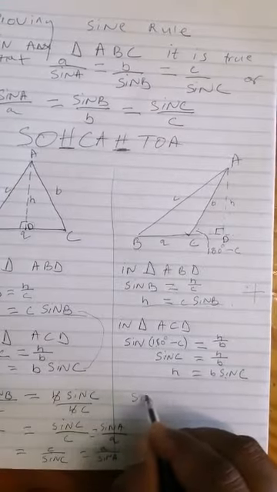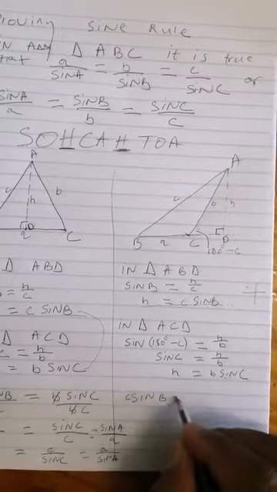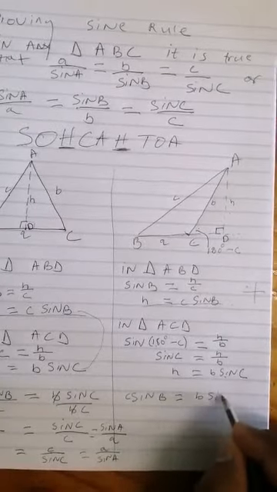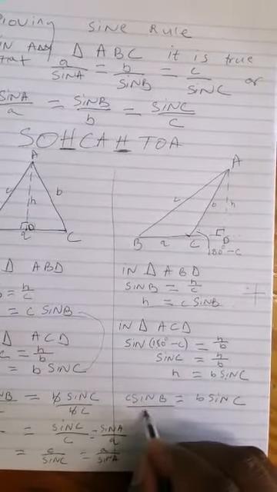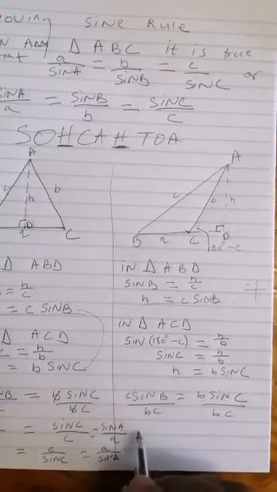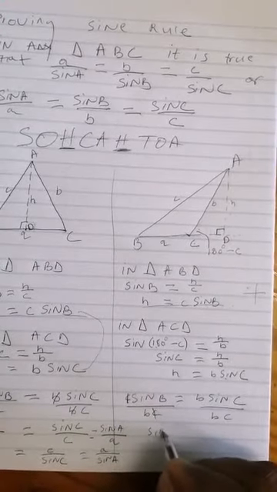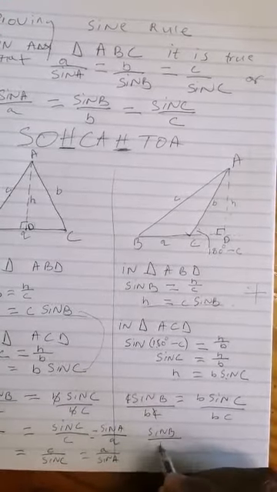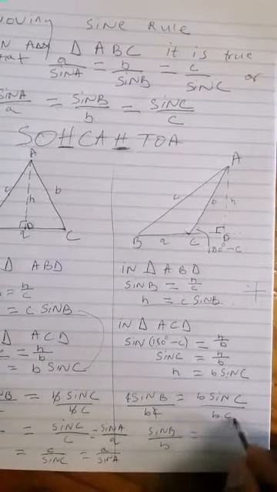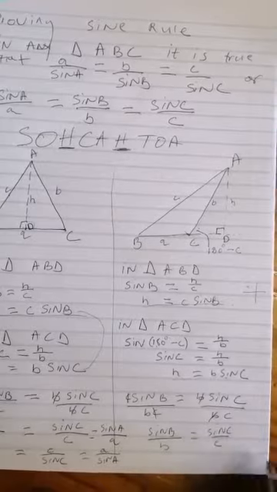So c sine B is equal to b sine C, and then I divide by BC both sides, and then these will divide. Here I will be left with sine B over b equals, again these will divide, sine C over c.